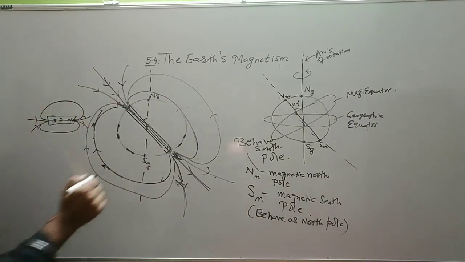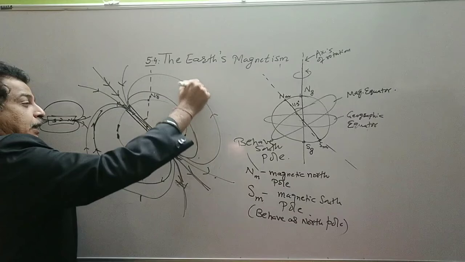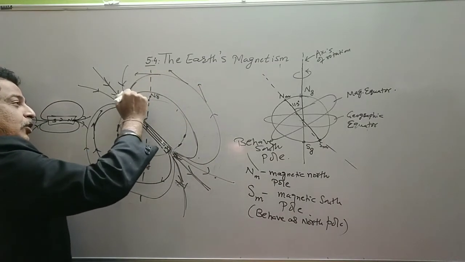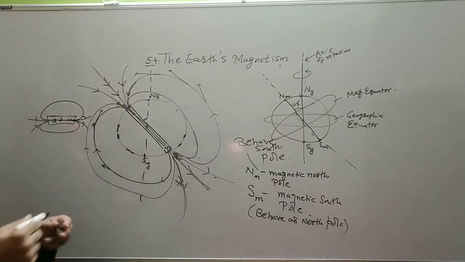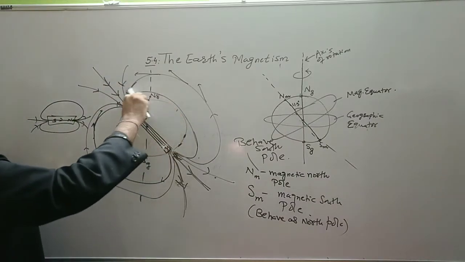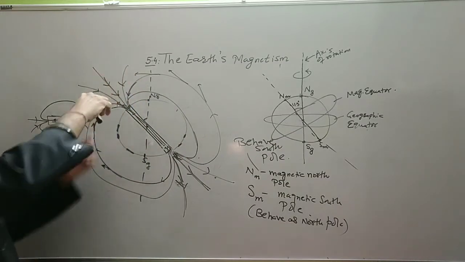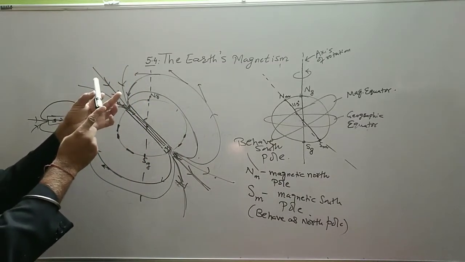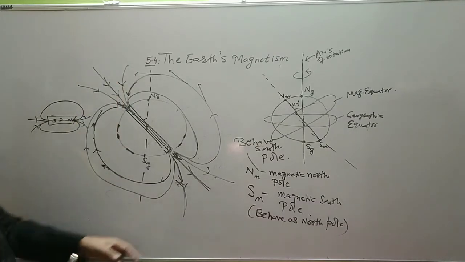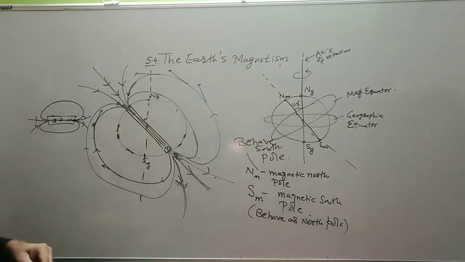If we keep on going to the pole, see the tangent, it will become inverted. So if you take a needle from equator to the pole, it will be inverted. Your north end of the needle will become vertically straight exactly at magnetic north.